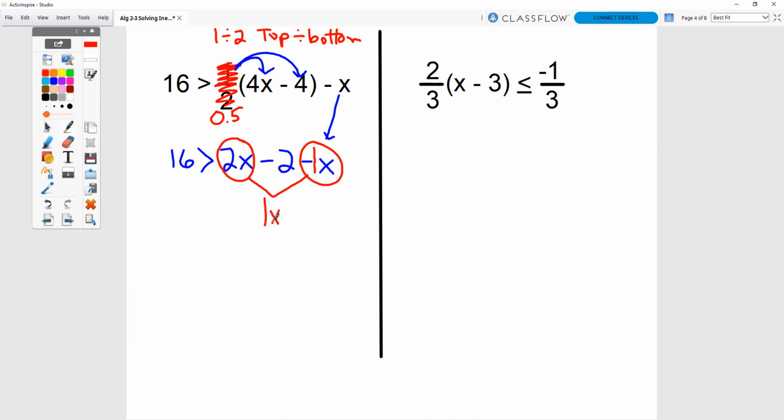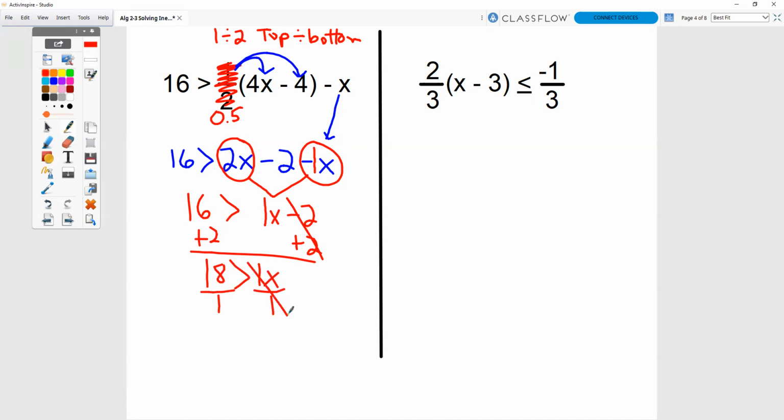Again, bring down everything else that we didn't use yet. So bring down your 16, your greater than symbol, and your -2. Now it's just a two-step equation. So I'm going to do +2 and +2. 18 is greater than 1x. Divide by 1, divide by 1. 18 divided by 1 is 18.